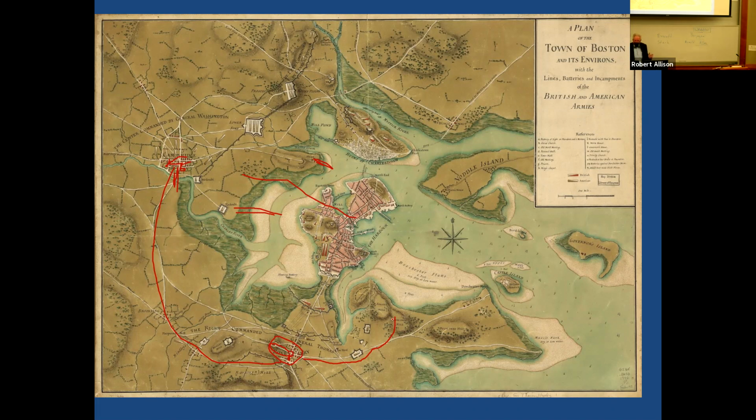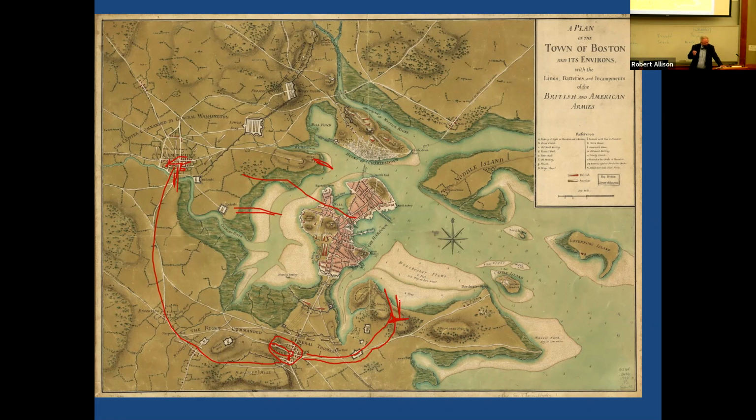And on the 4th of March, General Thomas and about 700 men bring these pieces of artillery to Dorchester Neck. And on the morning of March the 5th, General Howe sees that the heights, this is actually the highest point south of the town, now have a gun emplacement. Some of them are guns, some of them are logs painted black to look like guns.